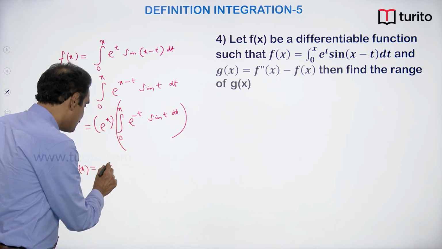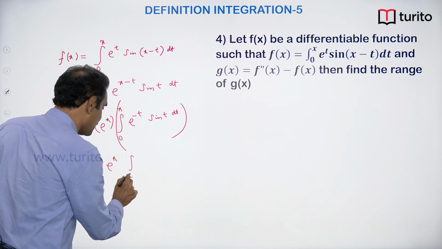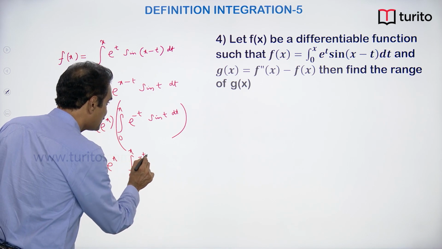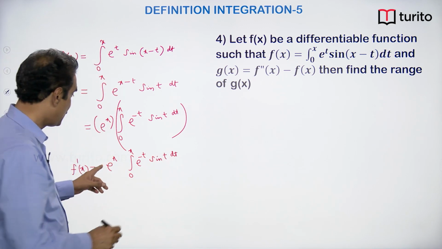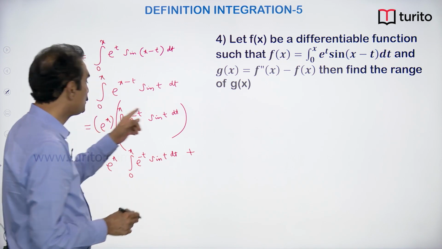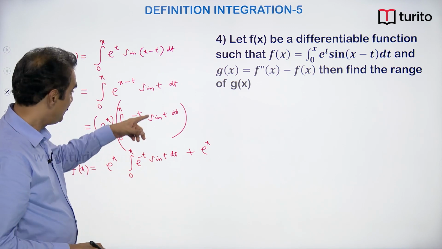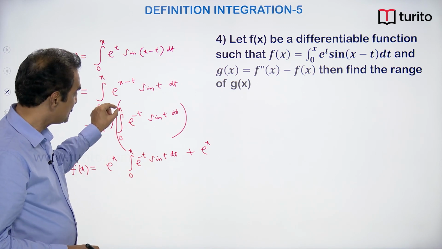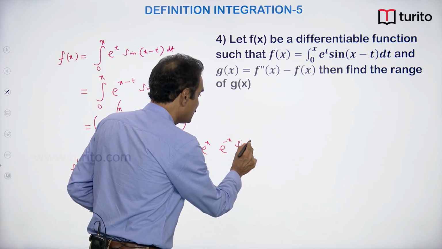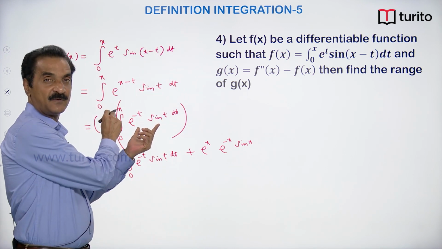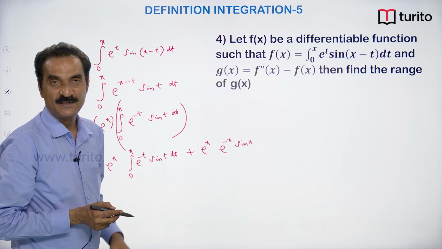U dash means e power x into v, v means as it is, integral 0 to x e power minus t into sin t dt, plus u into v dash. u is e power x, v dash, differentiate this, replace t by x: e power minus x into sin x, then multiply by the derivative of upper limit, 1 into 1. Lower limit is constant, so no need to subtract anything.